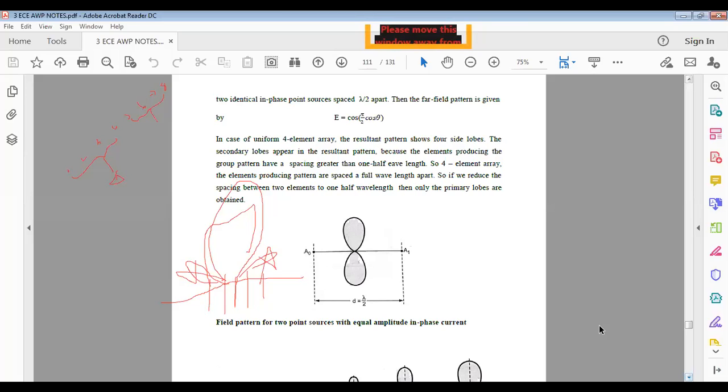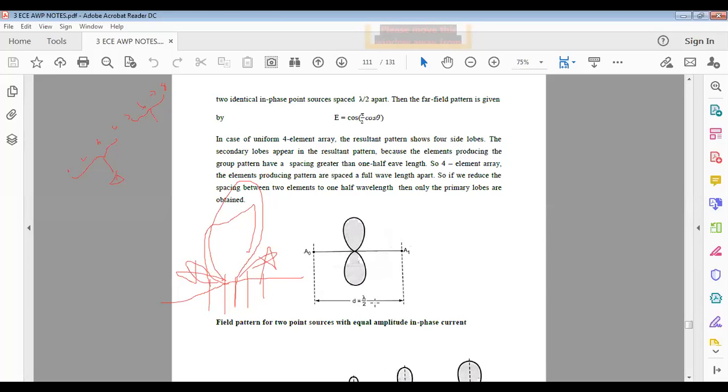See here, in the four element array, the elements producing patterns are spaced a full wavelength apart. Actually, the spacing between these point sources is considered as lambda by 2. In that group pattern, what is the distance between x and y in that four element array?